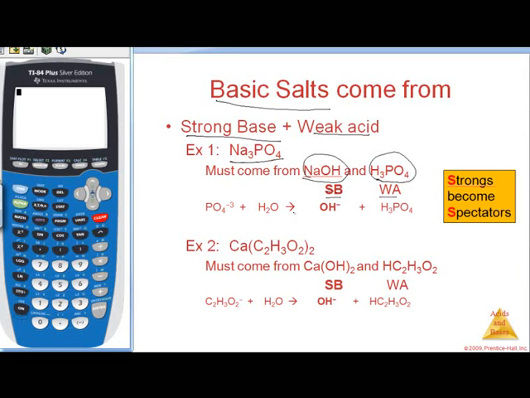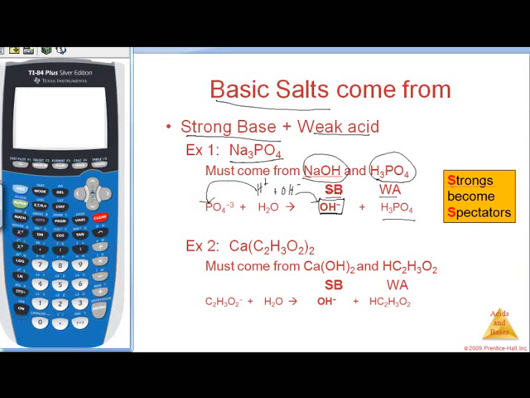When we write this equation, once we've identified that it comes from a strong base, we want to immediately on the product side show that we produce hydroxide ions. The hydrolysis of water produces the hydroxide ion, which is what makes it basic, and the H plus, so this comes apart as H plus and OH minus. The OH minus comes here, and the H plus goes in with the anion, becomes the weak acid.